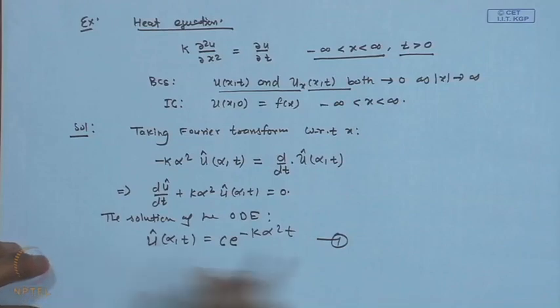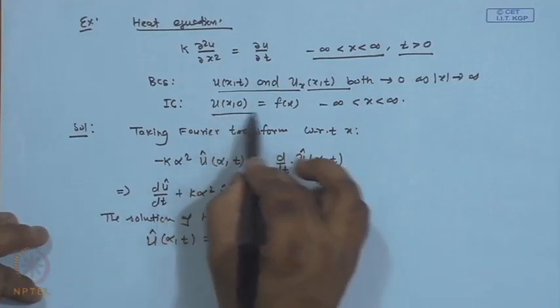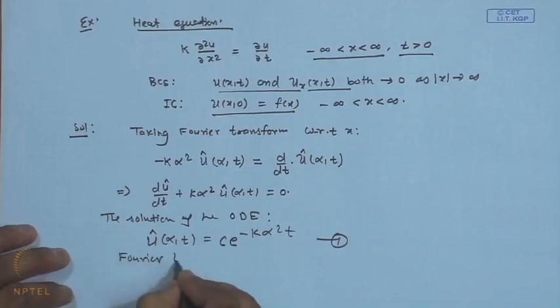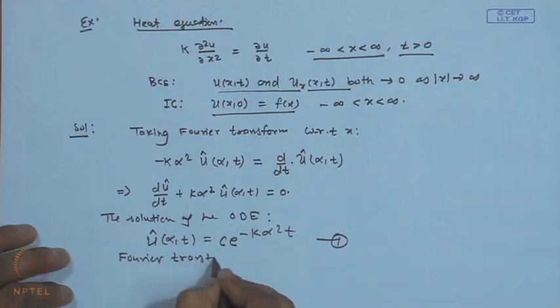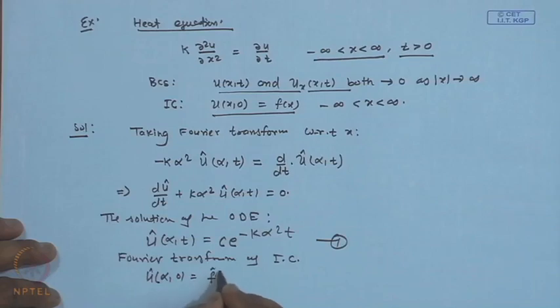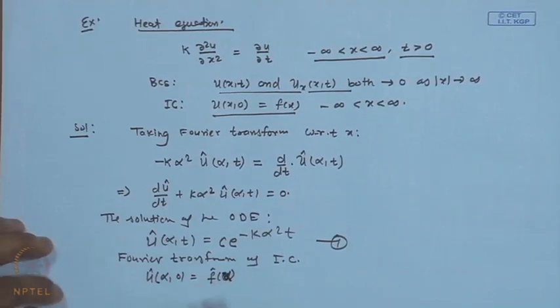Now we know the Fourier transform of the initial condition given, u(x,0) is f(x). So, taking the Fourier transform of the initial condition, u hat(alpha, 0) is the Fourier transform of f(x), so f hat(alpha).